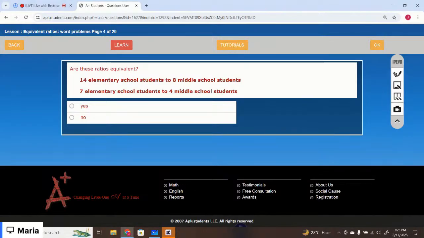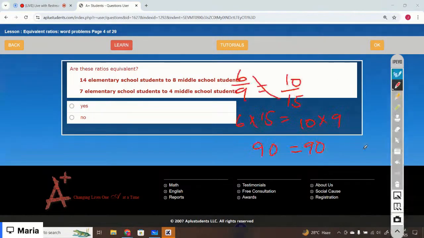Are these ratios equivalent? 14 elementary school students to 8 middle school students, then 7 elementary school students to 4 middle school students.